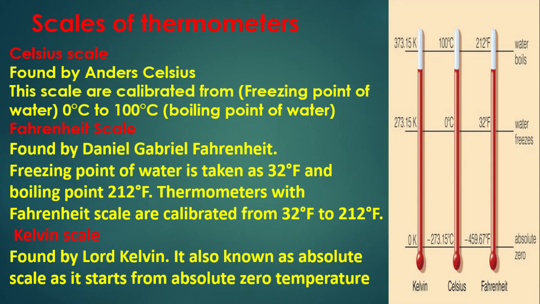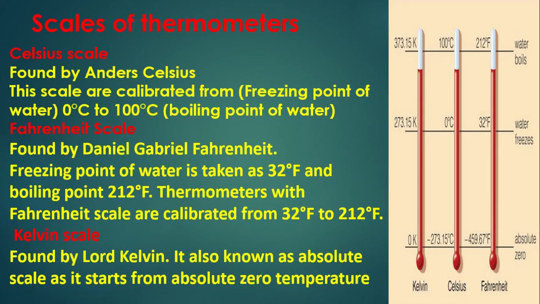Fahrenheit scale was founded by Daniel Gabriel Fahrenheit. Freezing point of water is taken as 32 degrees Fahrenheit and the boiling point of water is taken as 212 degrees Fahrenheit. Thermometers with Fahrenheit scales are calibrated from 32 degrees Fahrenheit to 212 degrees Fahrenheit.